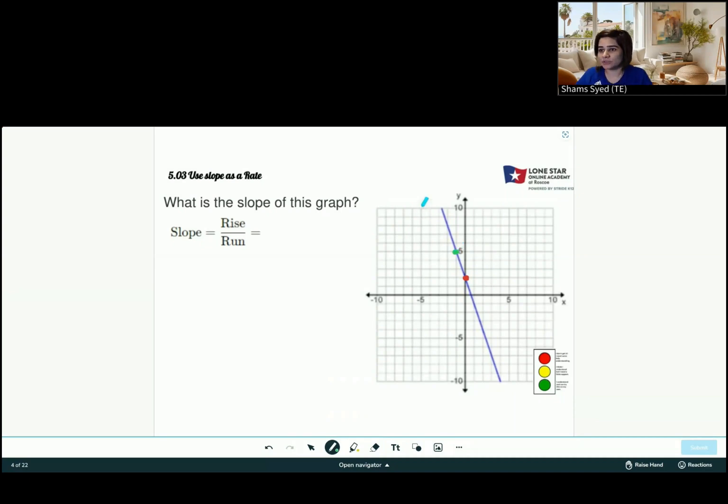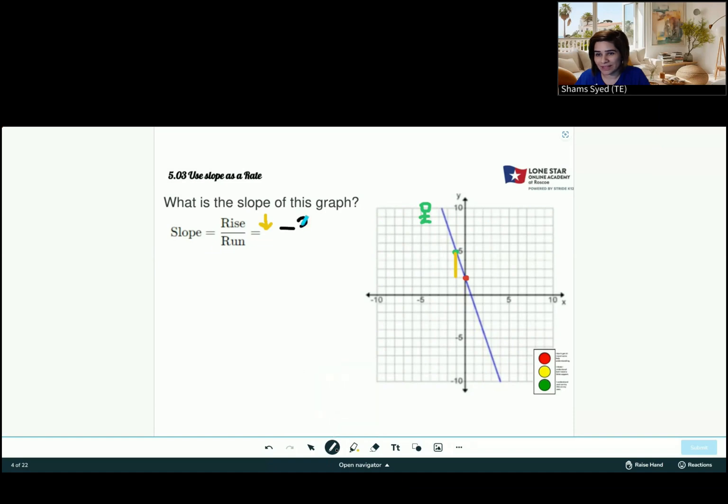The stick person always starts on the left and goes to the right. In this case, notice the stick figure is not rising. The stick figure is falling. The stick figure is going to fall 1, 2, 3. The stick figure falls 3.